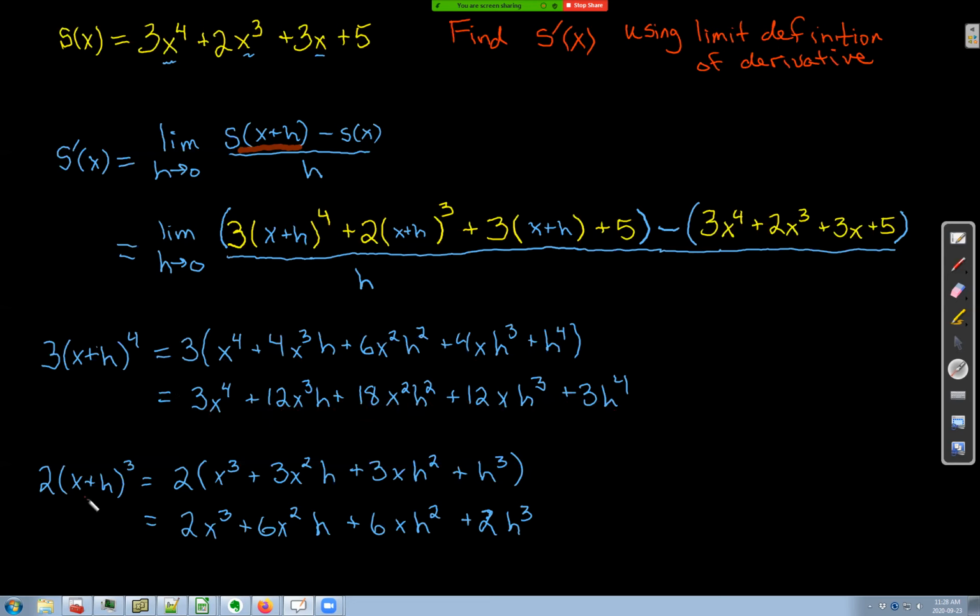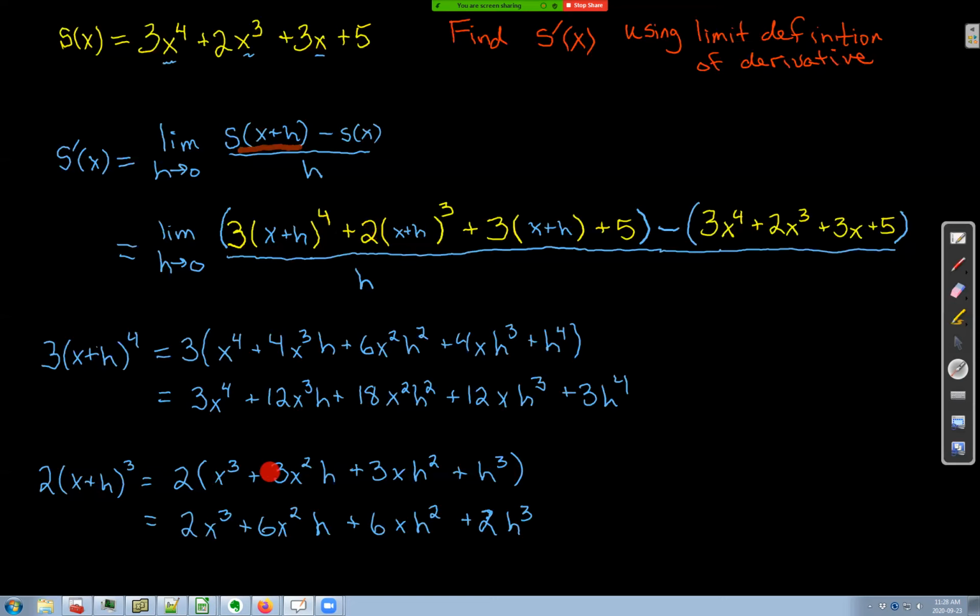And now we do the same thing down here. X plus h cubed. When we use the binomial theorem like we did at the beginning of the video, x plus h cubed expands to this thing in parentheses. And then we have to multiply by the 2 because we have a 2 right here.